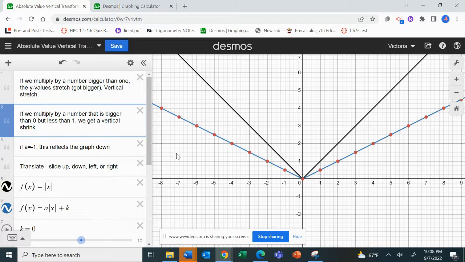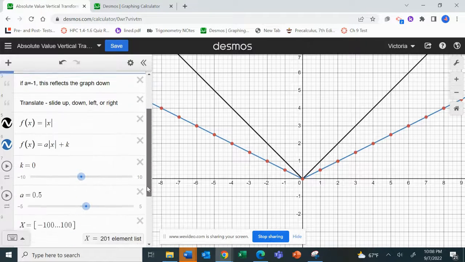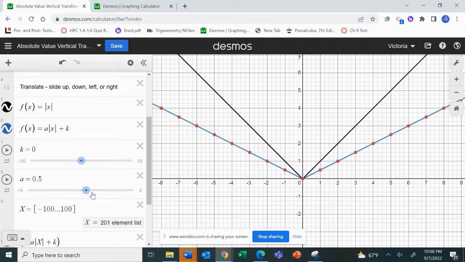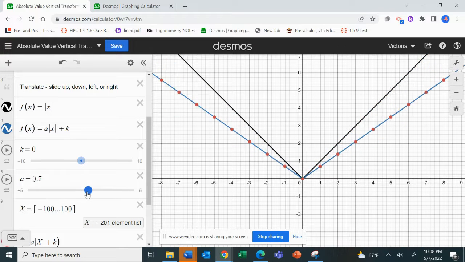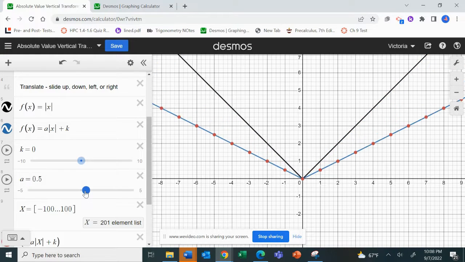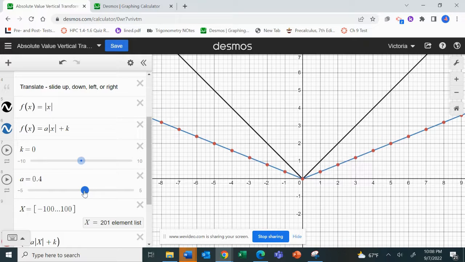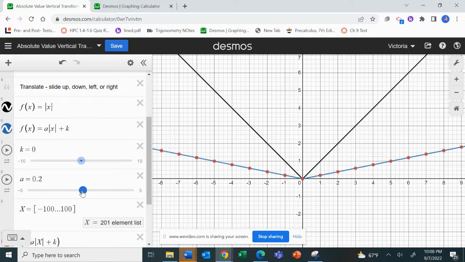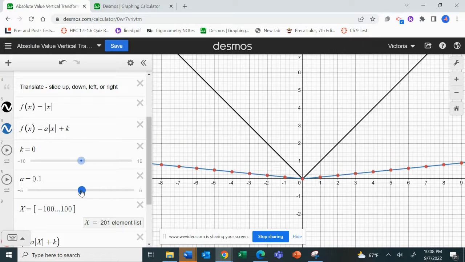Let's see what happens if we're actually multiplying by something that's not bigger than 0. Here I'm multiplying by anything less than 1, and you can see that this graph is shrinking down, but eventually I get to A equals 0. And as soon as I get to A equals 0, we do not have a V shape anymore. So this is not an absolute value graph.